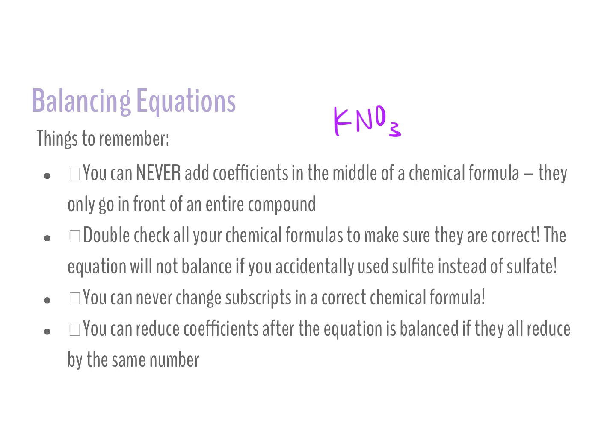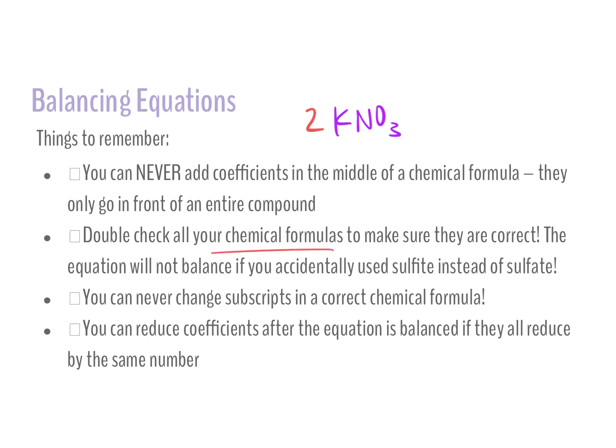I also cannot adjust its formula and say, oh, I need 2 of them. No, I can't change the formula once it's correct. If I need 2 nitrates, I put a coefficient, and that also means I have 2 potassiums as well, right? It might affect both. So then I have to go back to the drawing board and make sure that my potassiums are balanced. But I cannot adjust one without adjusting the other, if it's a compound.